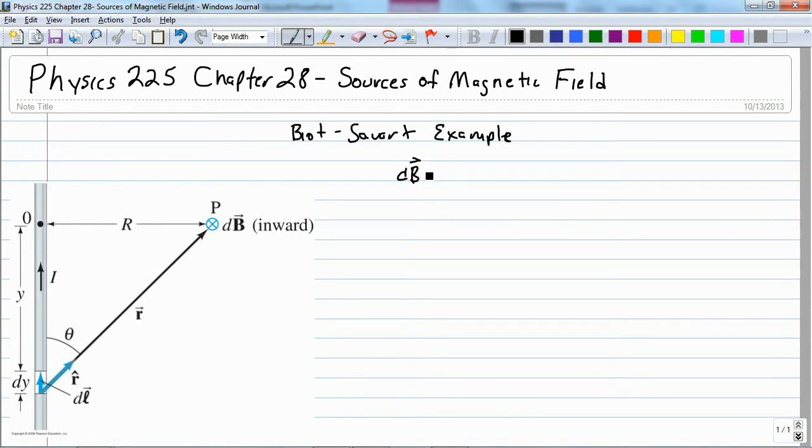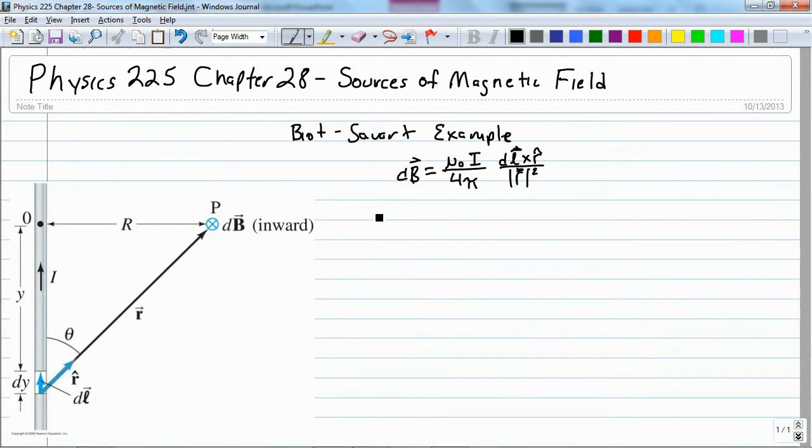Biot-Savart. Our differential dB is equal to mu naught I over 4 pi, and we have differential length dl cross r hat over r vector squared, distance squared.